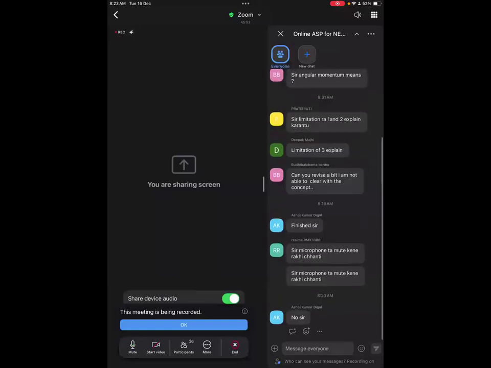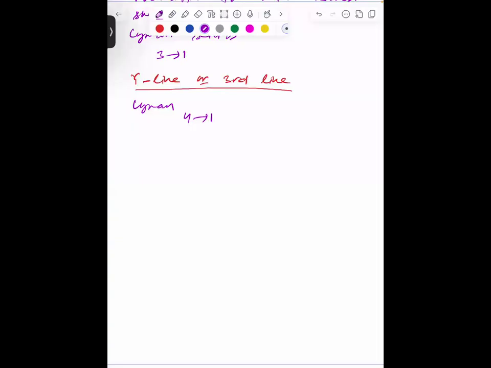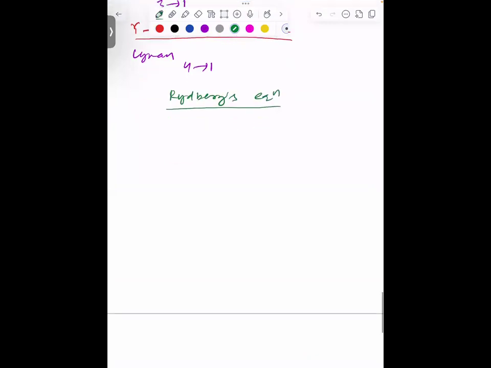So next one is how to find the wave number. That is the Rydberg's equation. So what is Rydberg's equation? It is used to calculate the wave number.